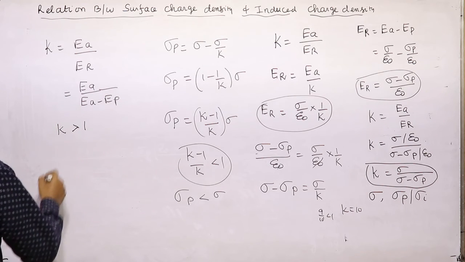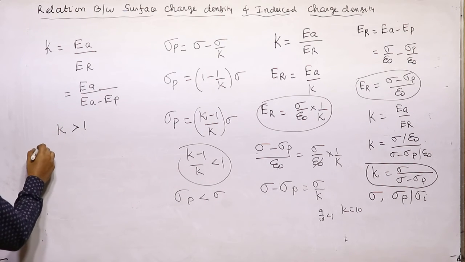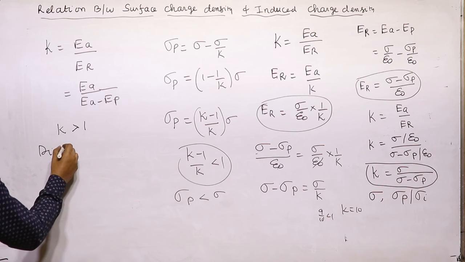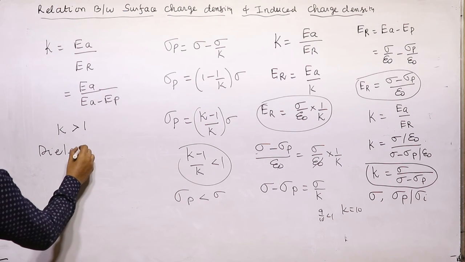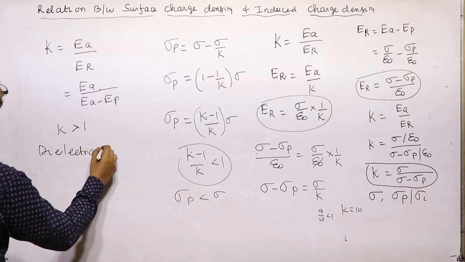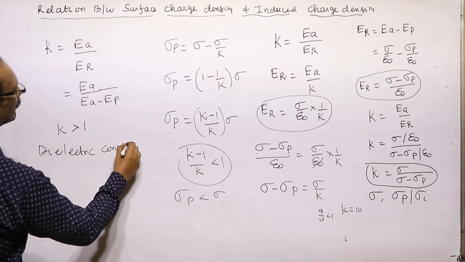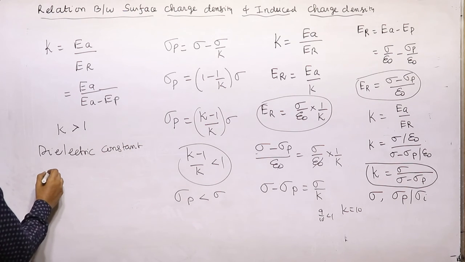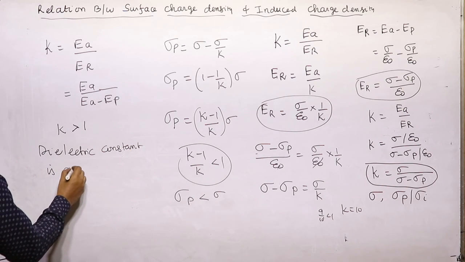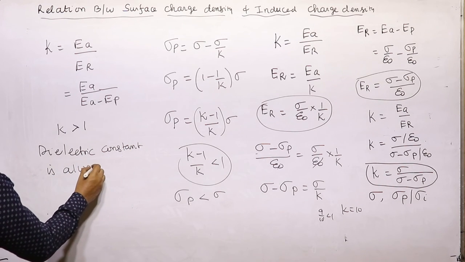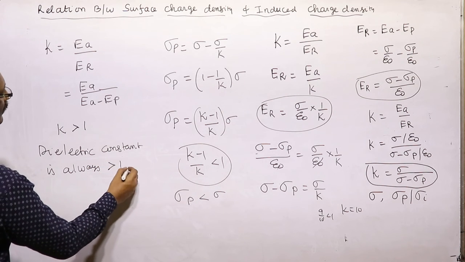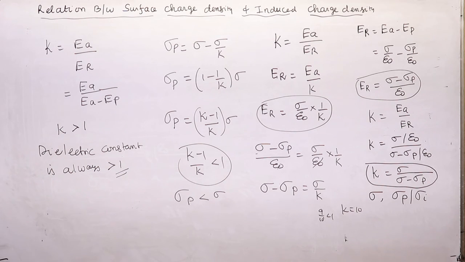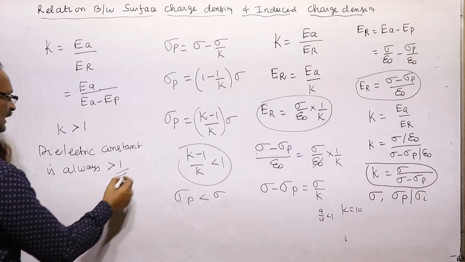That is, the dielectric constant K is always greater than 1, and it is merely a number.